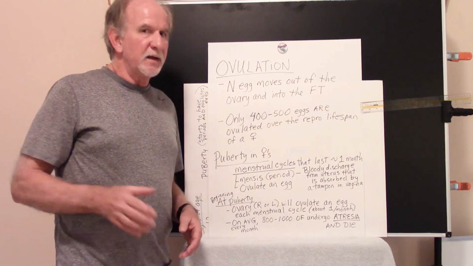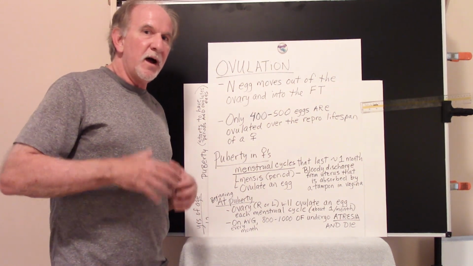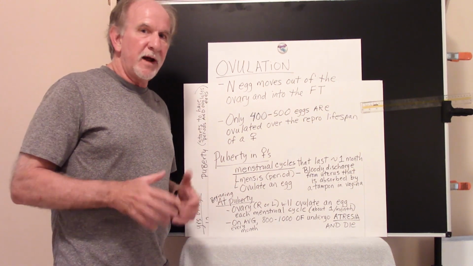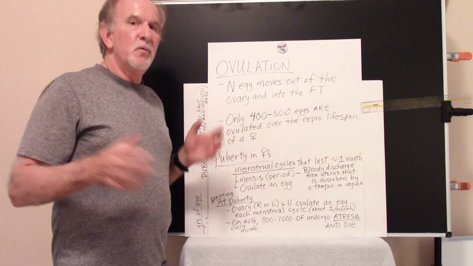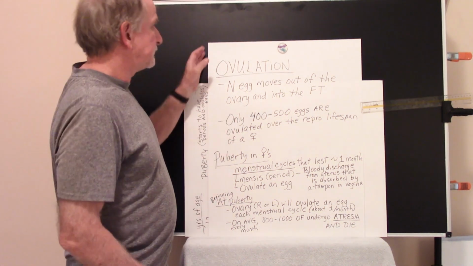And that means that every month, one ovarian follicle will ovulate its egg into the fallopian tube, while 800 to 1,000 other follicles will literally undergo atresia and die.